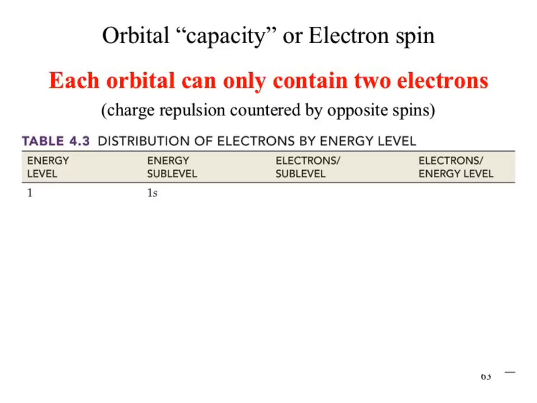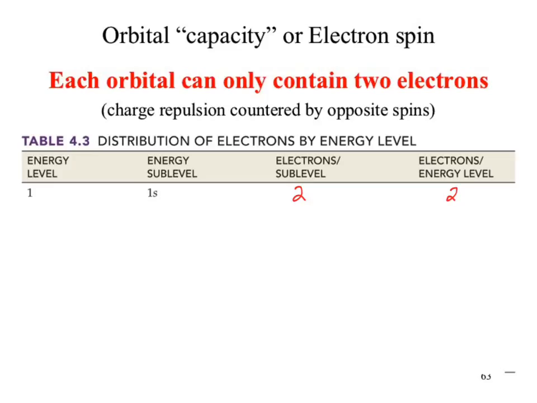I have the sublevel, or my orbital type, being s. There's only one orientation, so there's only one orbital, and I can only put 2 electrons in. So within that orbital, I have a whopping total of 2 electrons. Within the energy level, that's it. There's no other orientations. Within the energy level, how many electrons do I have? 2.